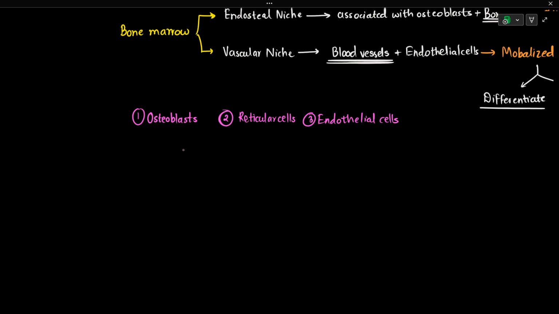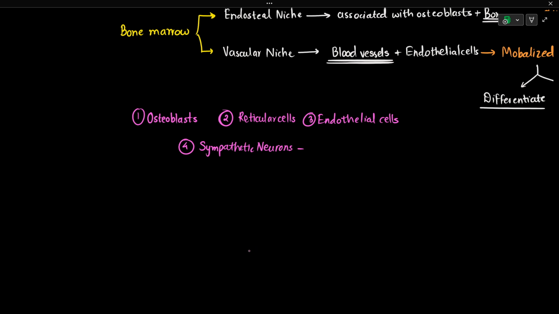Then surprisingly, there is a fourth type of cell that I'm going to discuss. It is really surprising that they help in hematopoietic stem cell development, and those are sympathetic neurons. We already know that sympathetic neurons control the fight or flight situation, but surprisingly, they also control hematopoietic stem cells.